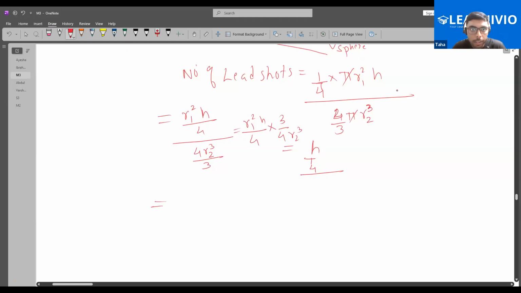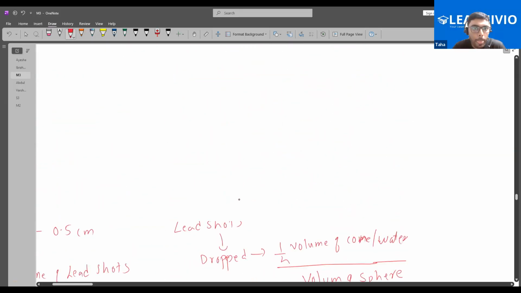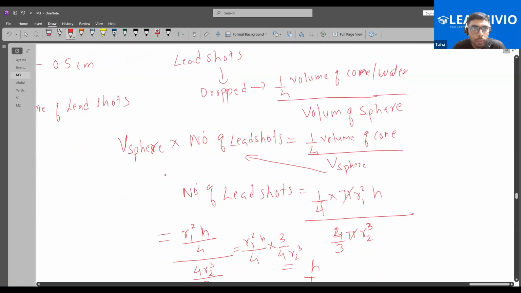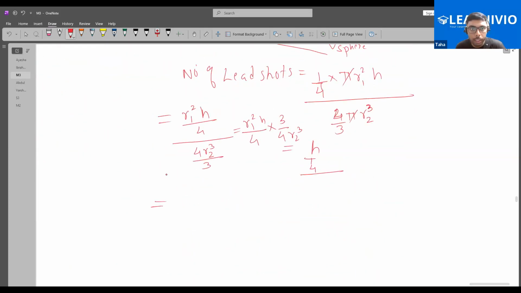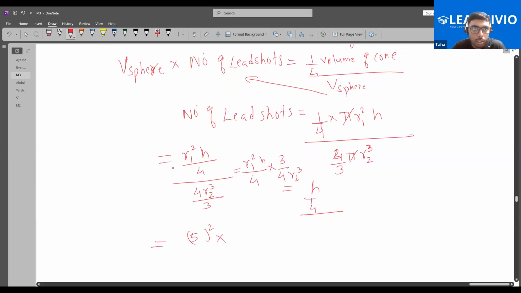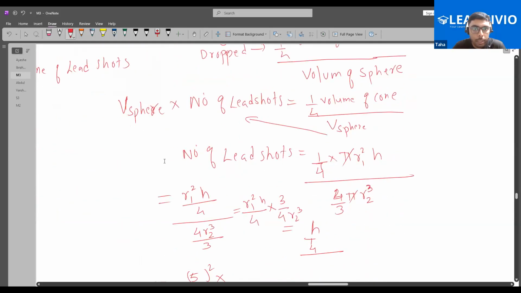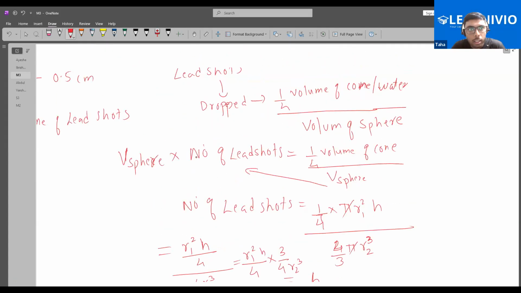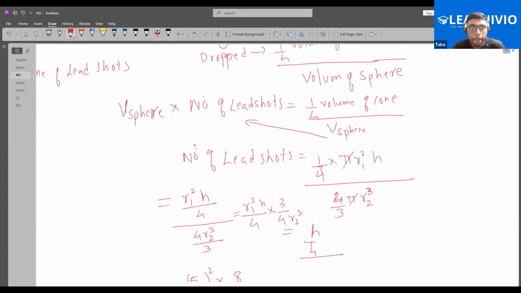And what was R1 here? The radius of the cone was 5 centimeters. Okay. So 5 whole square into the height, which was 8 centimeters. 8 divided by 4 into 4 is 16, into what was the radius of the sphere? 0.5.